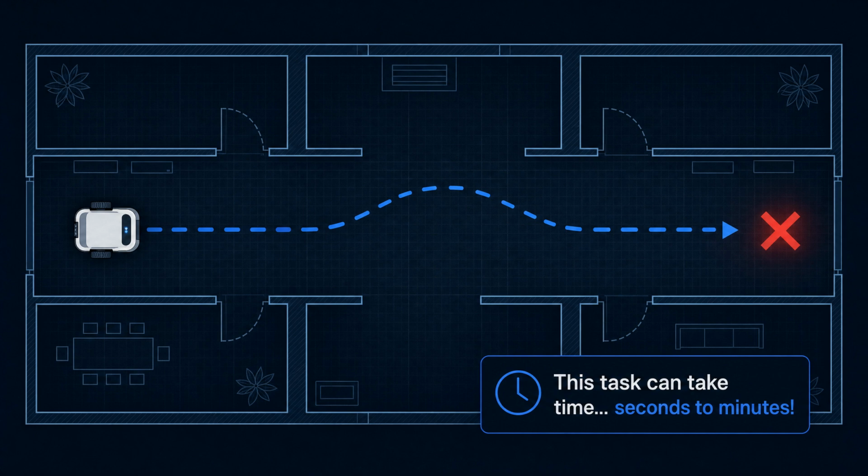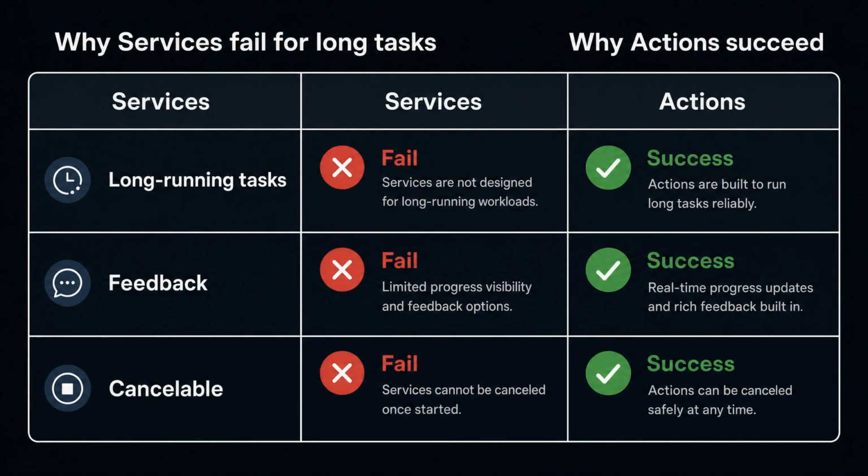At this point, you might be wondering, why can't we simply use a ROS2 service? A service works using a simple request and response model. The client sends a request and the server sends back a response. This works perfectly for quick tasks such as turning on a sensor, resetting a device, or reading a configuration value.